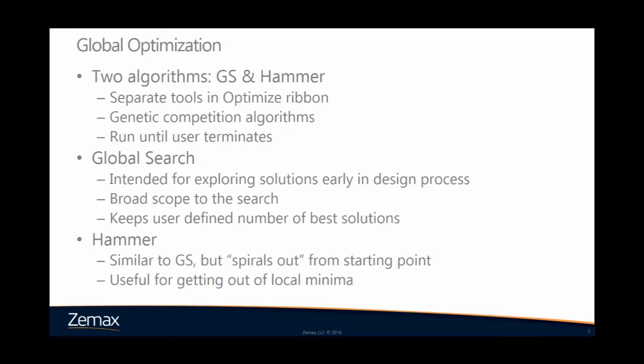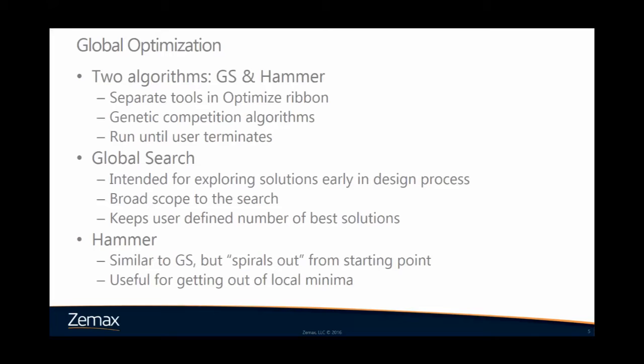Global search is intended for exploring solutions early on in the design process. So the scope of the search is very broad, and there's actually a strong random component to the search. So if you only run it for a short period of time, you're likely to get very random solutions.